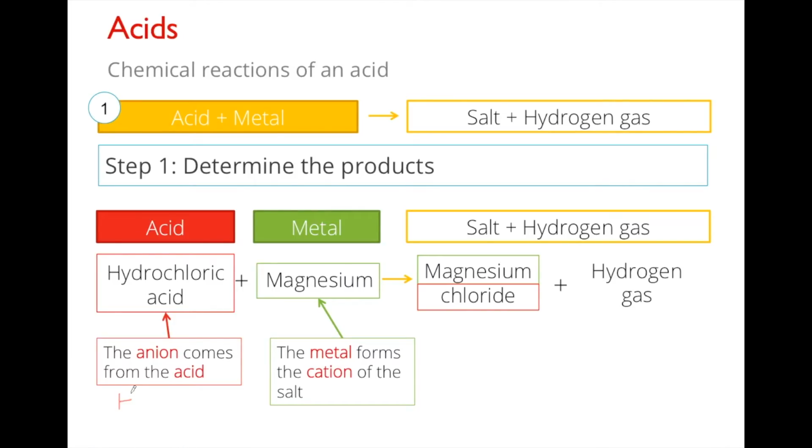The acid is made of H+ and Cl-, right? Here this is Mg. Okay, over here this is MgCl2 and this is H2 gas. So you can see, where did my hydrogen ions go to? It forms your hydrogen gas.